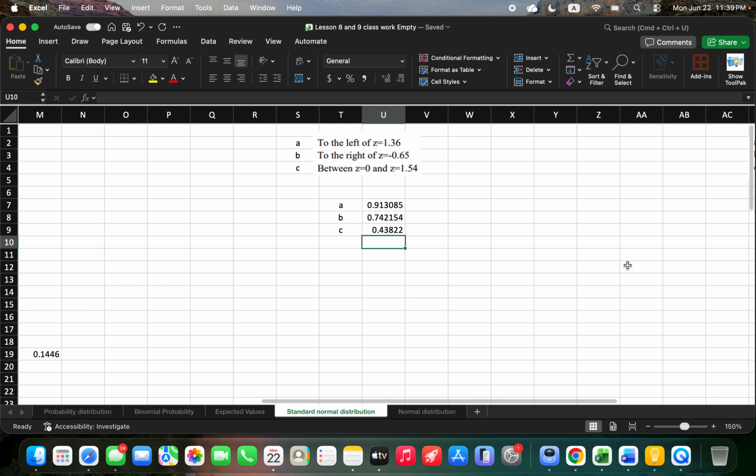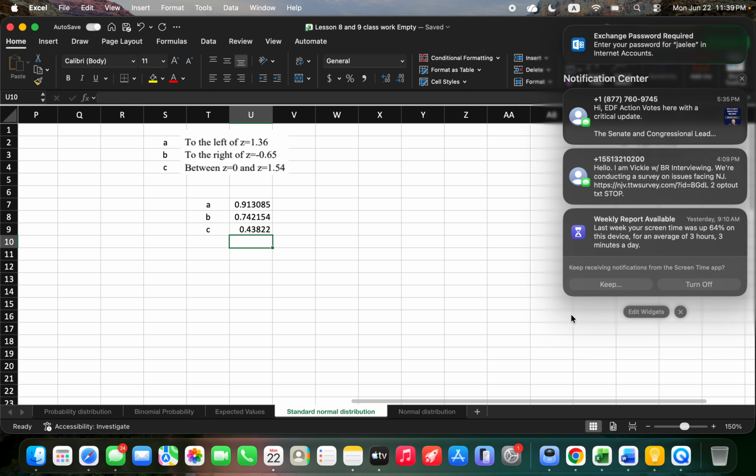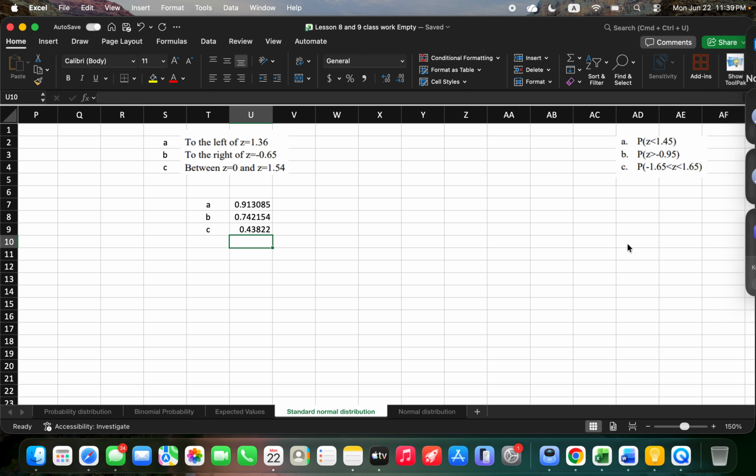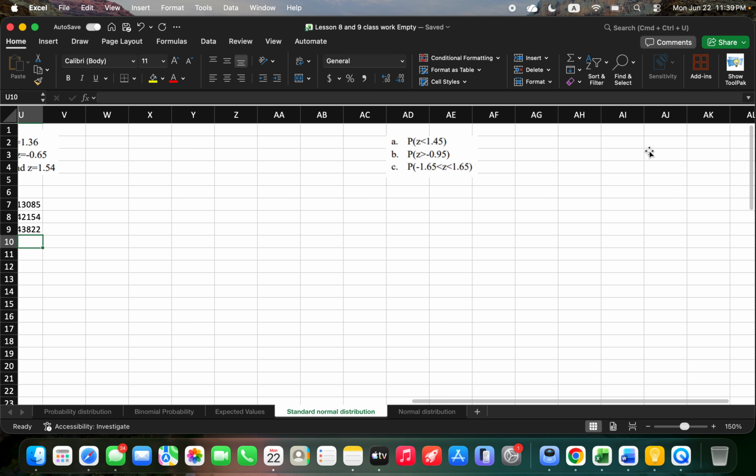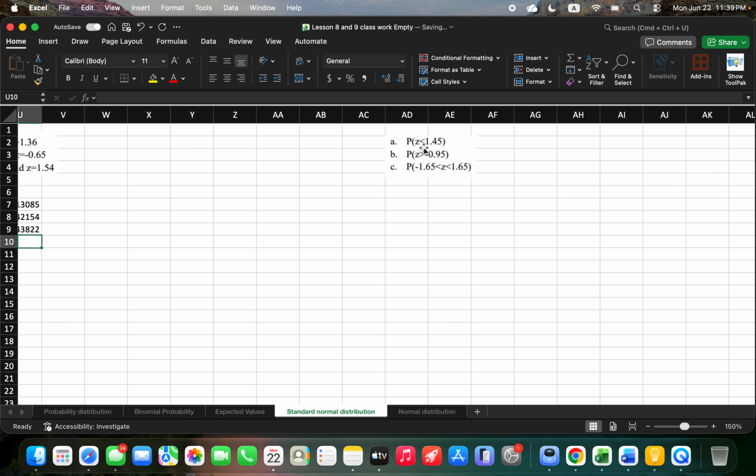Okay, then what about when it gives us an inequality symbol like this? Same thing here. In this case z is less than 1.45. In this case z is bigger than negative 0.95. And in case C, z is between negative 1.65 and 1.65.